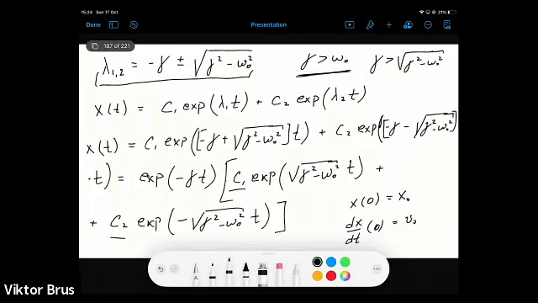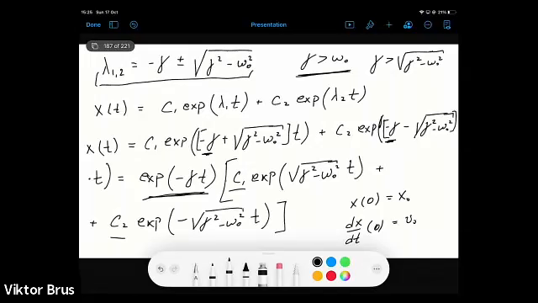Means that here we have minus gamma, which we just took out from the parentheses, and this minus gamma will be larger than the square root next to it. So even if we add to minus gamma this square root, it will still be negative. The total exponent of this exponential function will be negative in both cases.